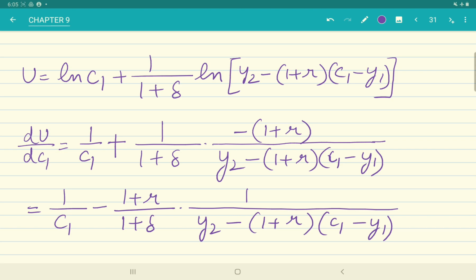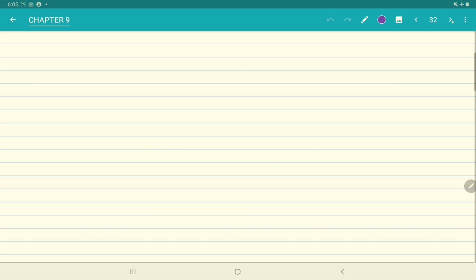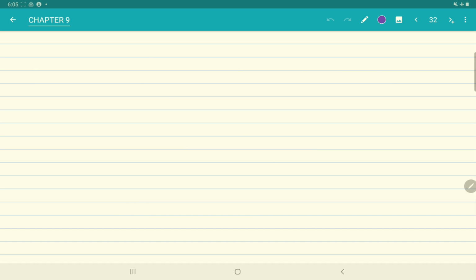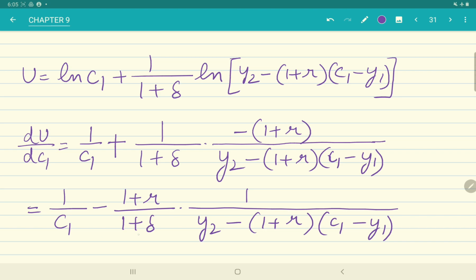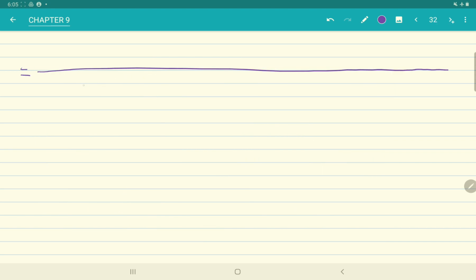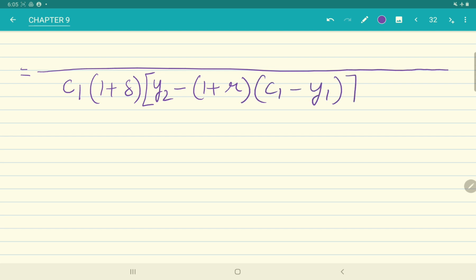And this can then be written as, let's just try to have a common denominator. So that common denominator can be c1 (1 plus delta) times y2 minus (1 plus r)(c1 minus y1), all of that. So I just write c1 (1 plus delta), and then y2 minus (1 plus r)(c1 minus y1), all of this.